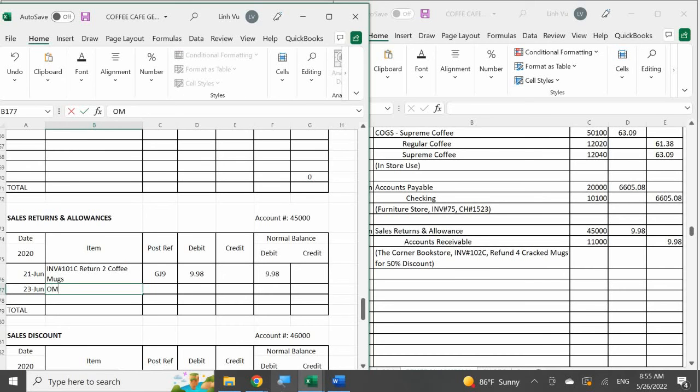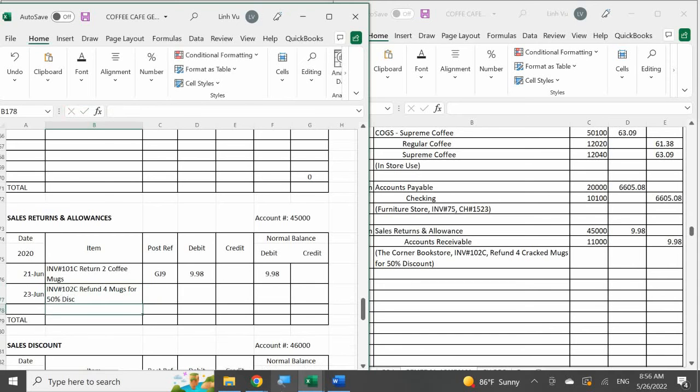Invoice number 102C. Refund for mugs for 50% discount. And this is journal number 12 for $9.98.